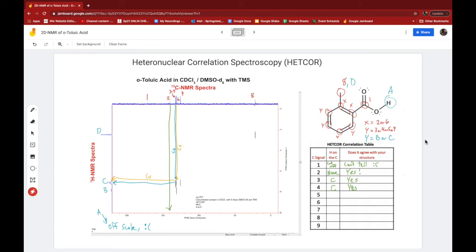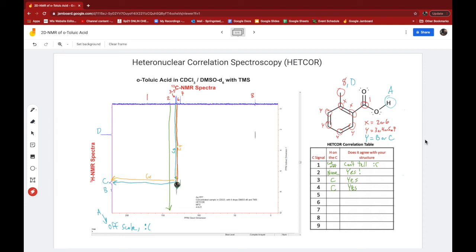Okay, next up is 5, carbon 5. So let's look at that one. So carbon 5, that's the most upfield of that cluster of 3, 4, 5. So I need another color. I'll go red on this one. So for 5, I think 5 looks like it's going to go to that one there, huh?